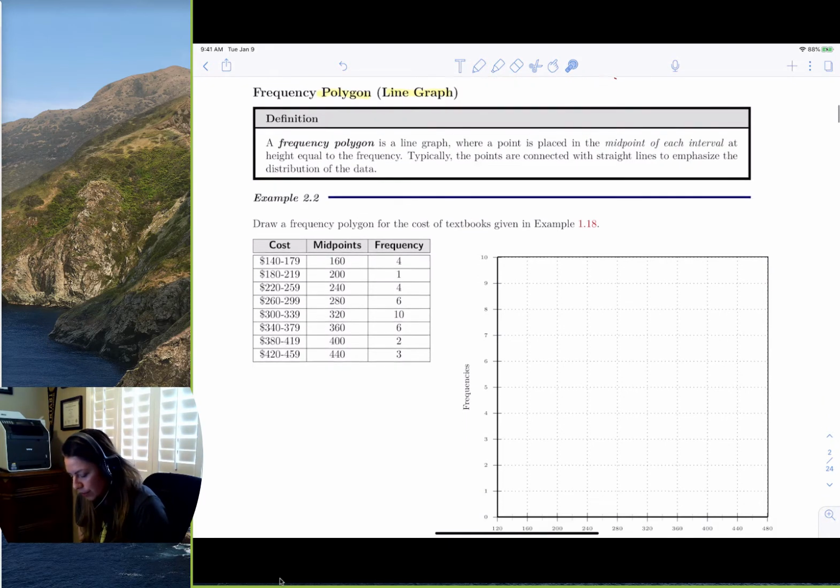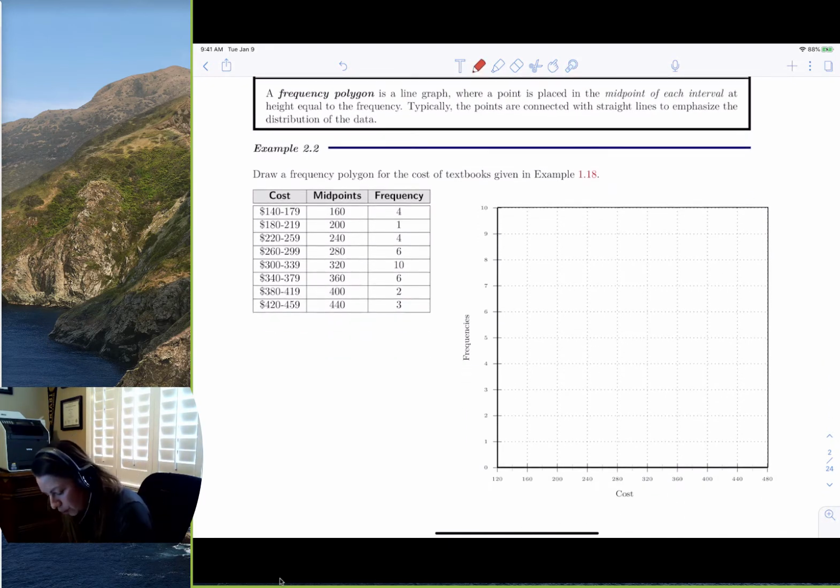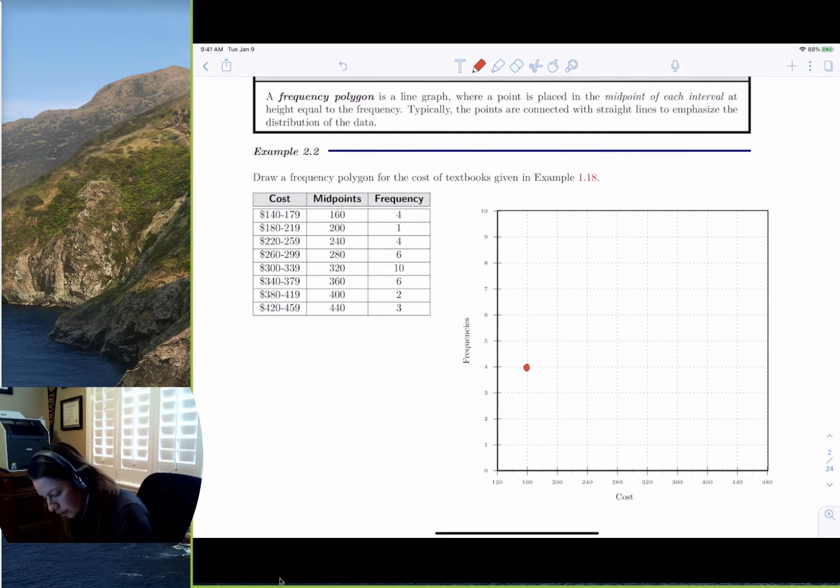So let's go ahead and do that. At the midpoint 160, I have a frequency of 4, right? So 160, a frequency of 4. At a midpoint of 200, I have a frequency of 1. And so on. And I'll let you go ahead and do the rest.